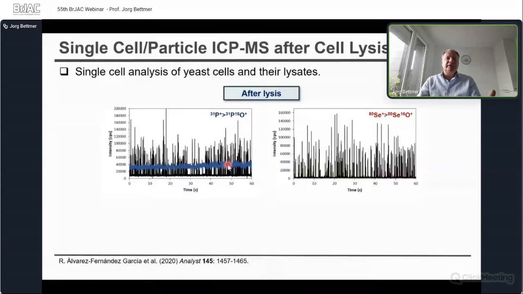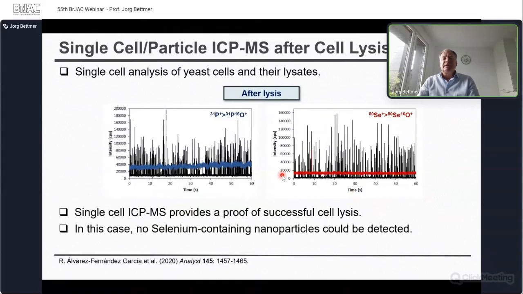With alternative techniques, you can measure that it's around 99.5 or 99.8 percent success, or yield, of cell lysis itself. In this case, we check the selenium, and you can see again a very similar picture to the phosphorus. You see an enhanced background, but you don't see any events.